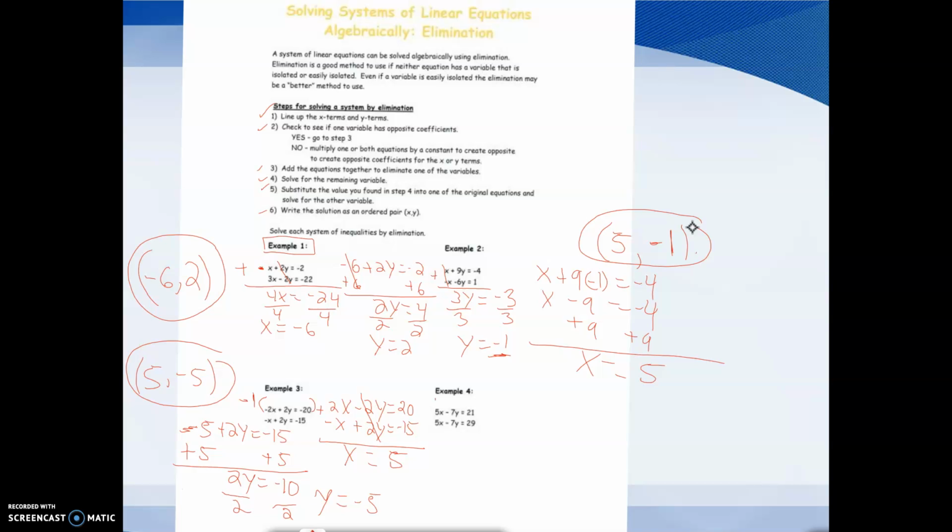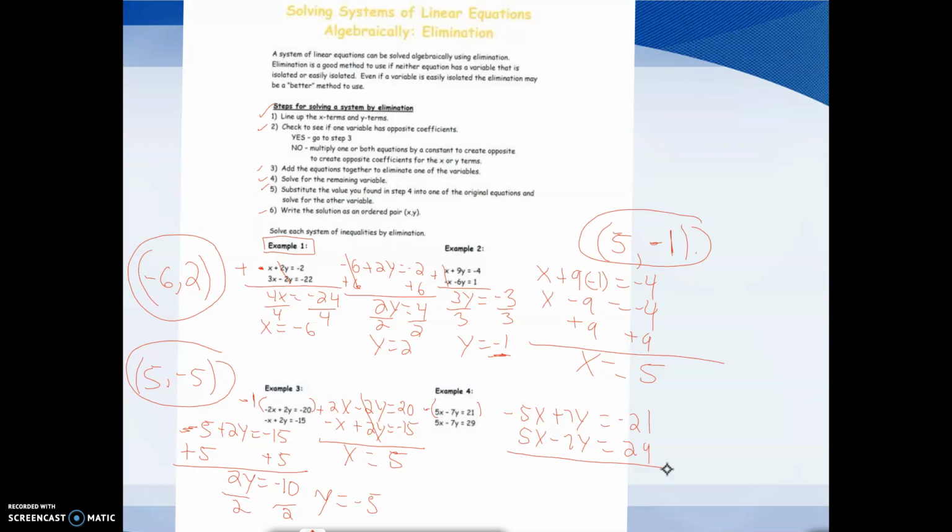So if I do the top one by a negative, you got negative 5x, right? Positive 7y, negative 21. Then I'm just going to rewrite the second one. I don't know if you see something, but I see something a little funny.